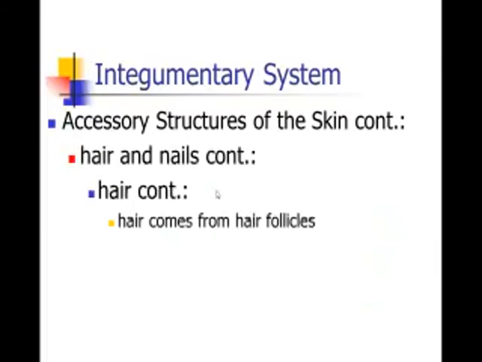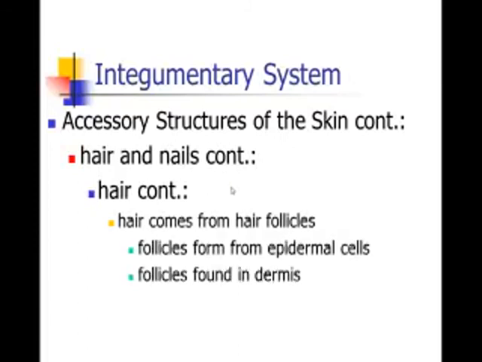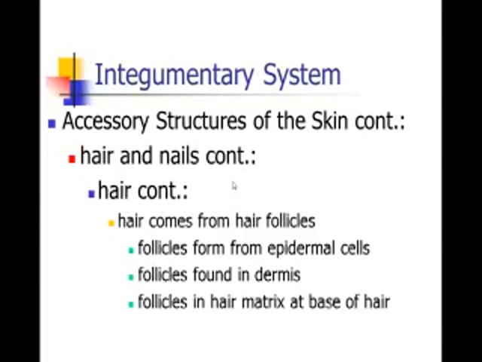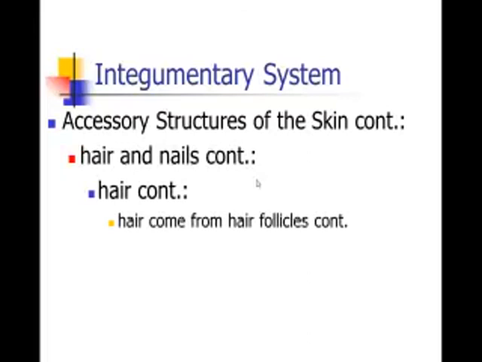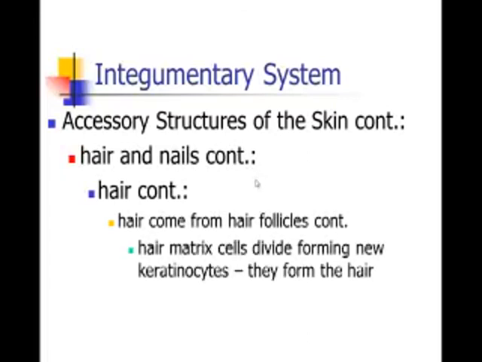Okay, so hair comes from hair follicles, and these follicles form from epidermal cells. They're found in the dermis, and the hair matrix is going to have the follicles at the base of the hairs. The hair matrix divides, the cells divide, and they give rise to new keratinocytes.